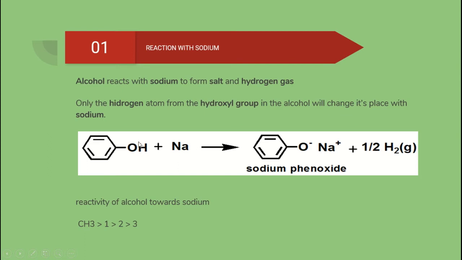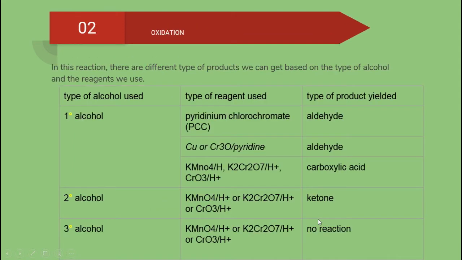So the hydrogen that was left becomes hydrogen gas. Regarding the reactivity of alcohol towards sodium, methyl alcohol is more reactive than first degree, second degree, and lastly third degree alcohol.